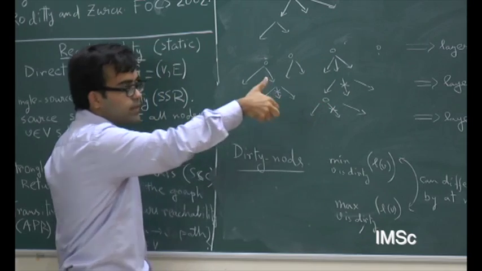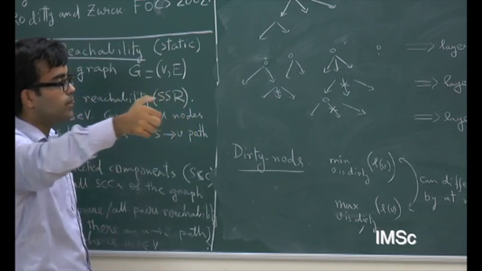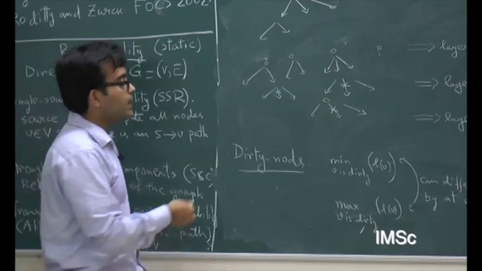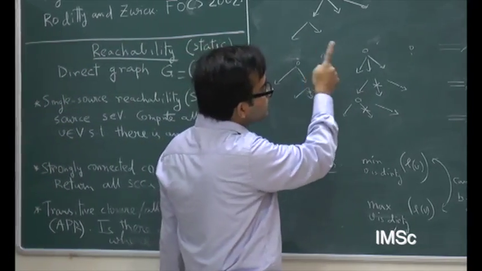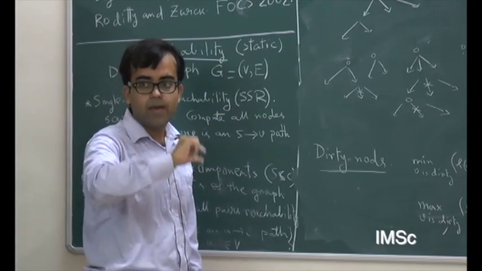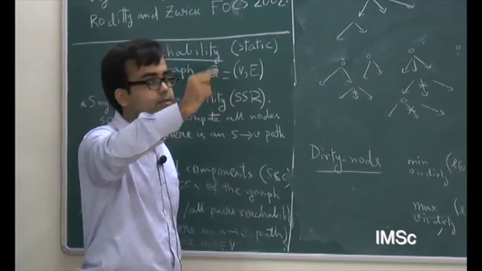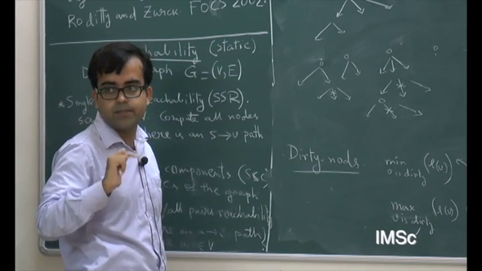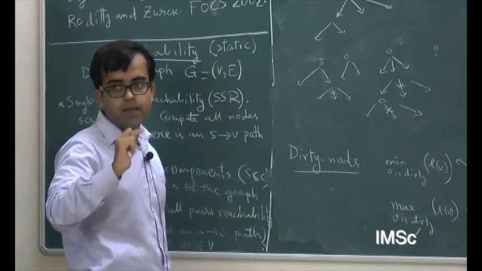And the edges that I delete, their layers differ by at most 1. So basically the dirty nodes are the ones in this tree structure whose parents are missing. So you have a pointer to its parent, but it does not actually have any incoming edge from its parent. These are the dirty nodes. These are the nodes that we have to fix.